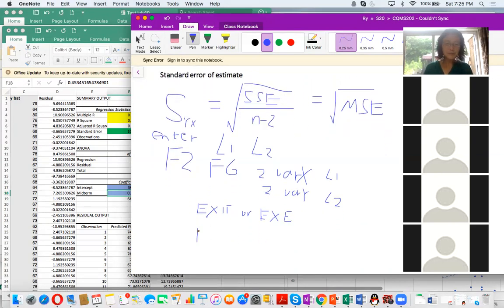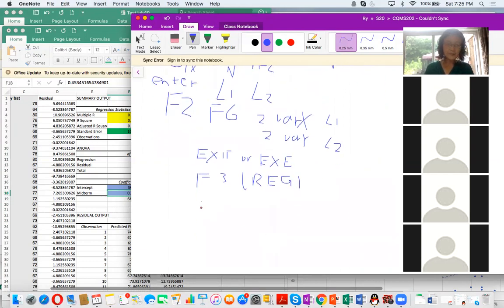And then you press F3, regression. And then you press F1, select X. And then you press F1 again, it asks you which format.